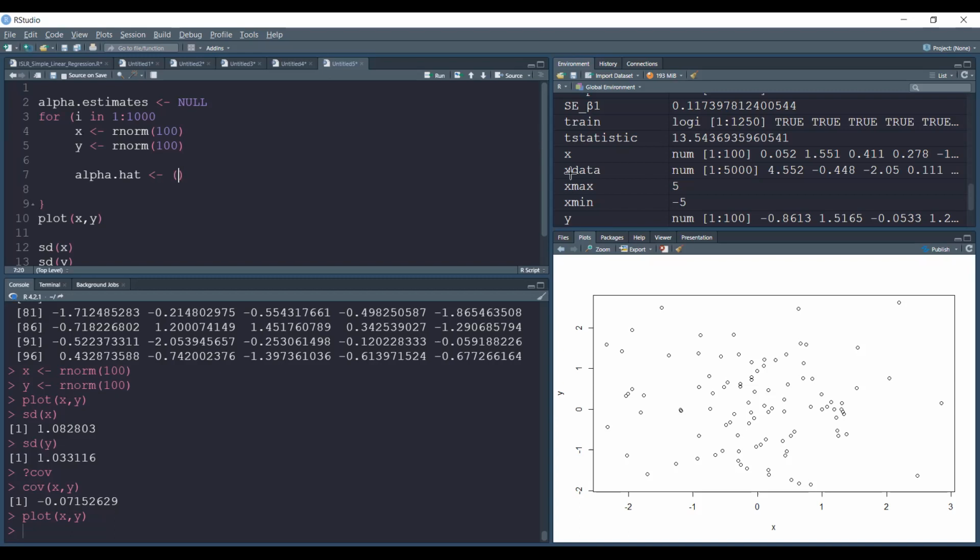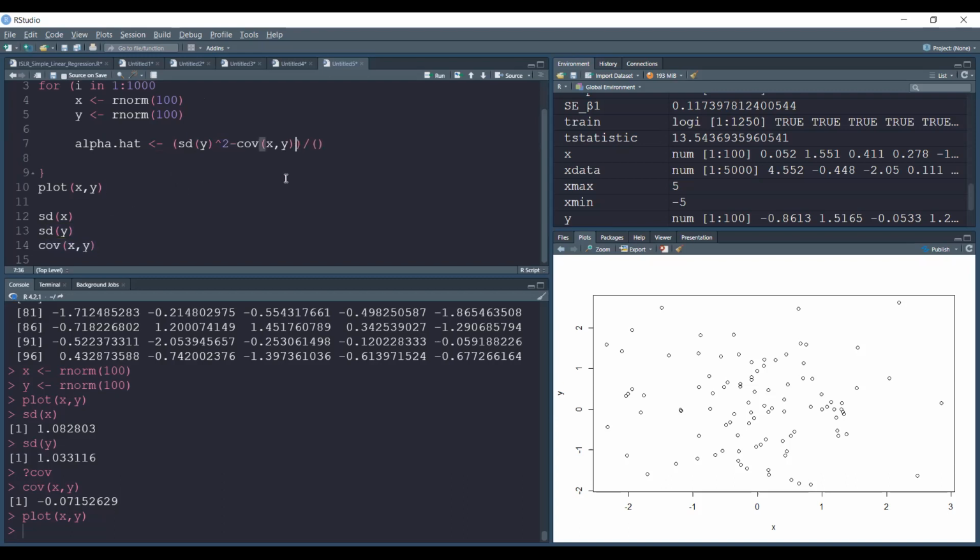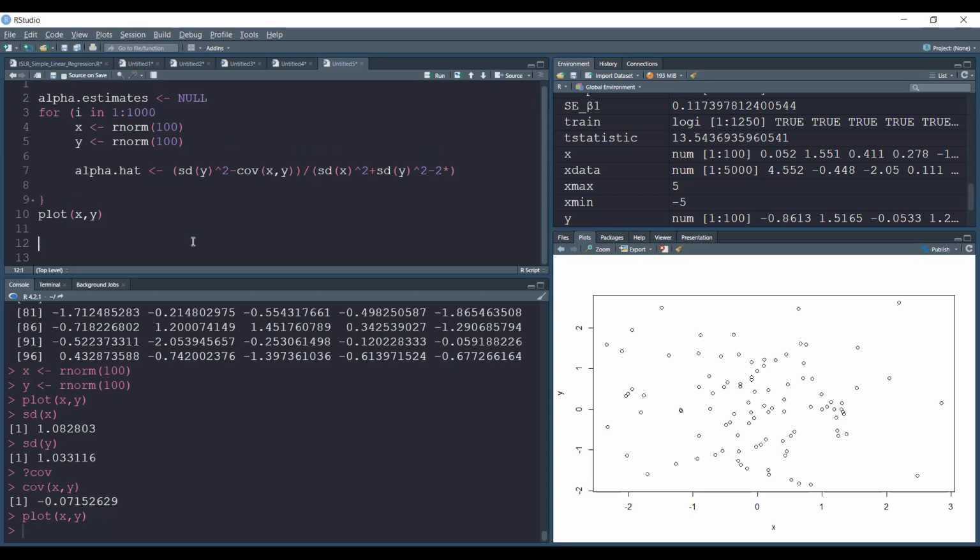So we need this fraction: the y squared minus the covariance, over the x squared plus the y squared minus 2 times the covariance.